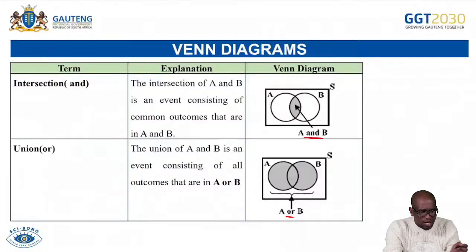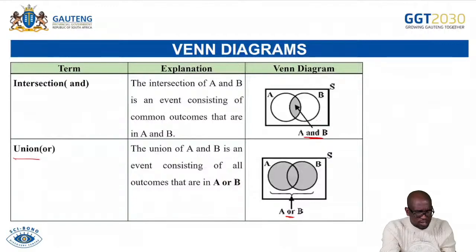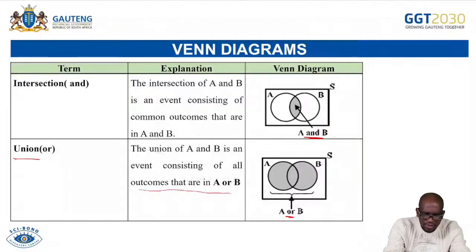That is why at times we refer to this as the union. You unify the two sets if it's two sets that you have there, okay? So the union of A and B is an event consisting of all the outcomes that are in A or in B. All those outcomes there are representative of the union, all right?